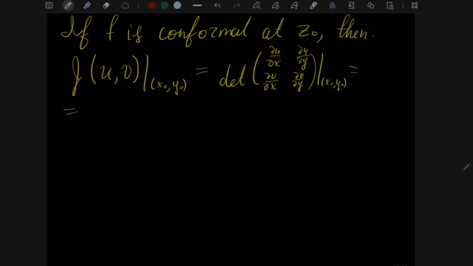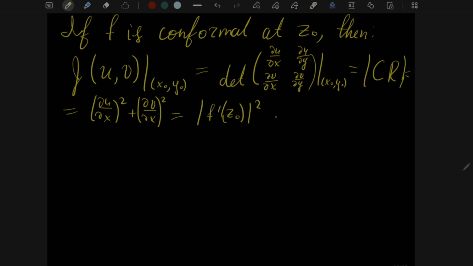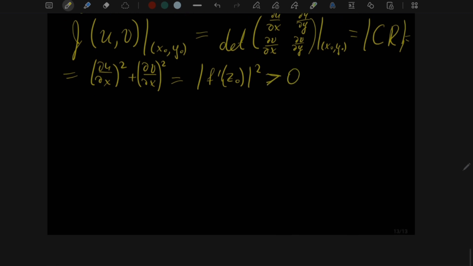And it in itself is equal to this value by the Cauchy-Riemann equations. And it is the absolute value of our derivative squared. And it is strictly greater than 0 at our point.